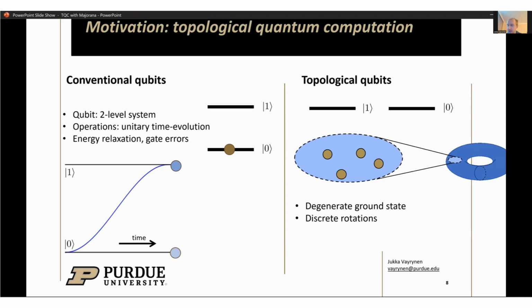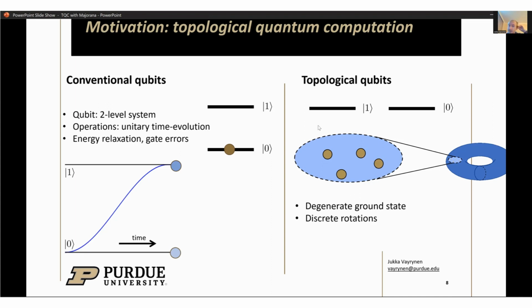Yesterday, I believe Srijit gave an introduction to topological phases, and for example, the fractional quantum Hall state would be one example. How I define a topological phase is basically a gapped phase of matter that can have anionic excitations, which are these brown dots here.